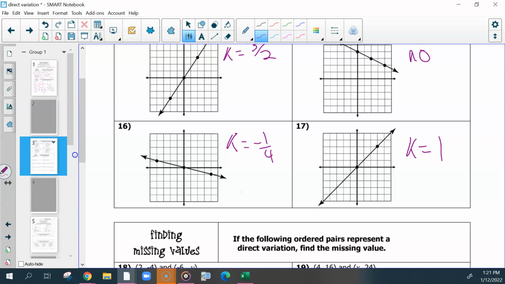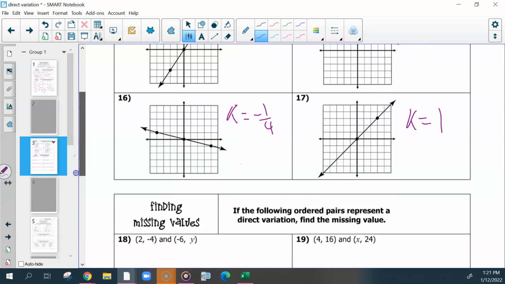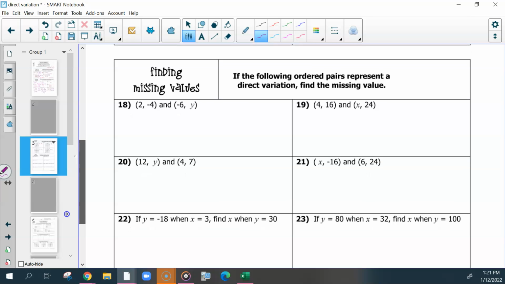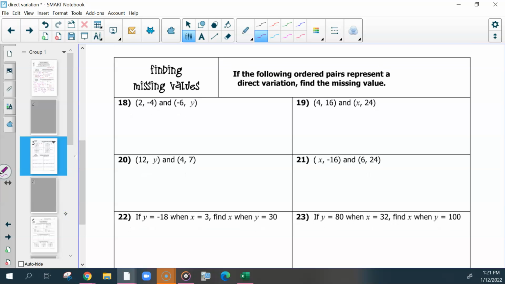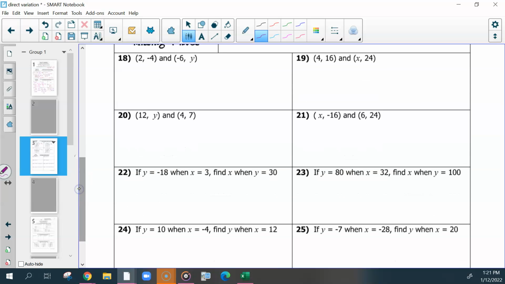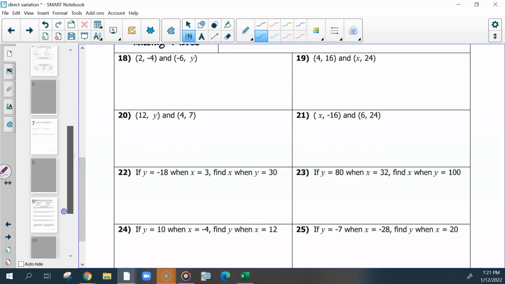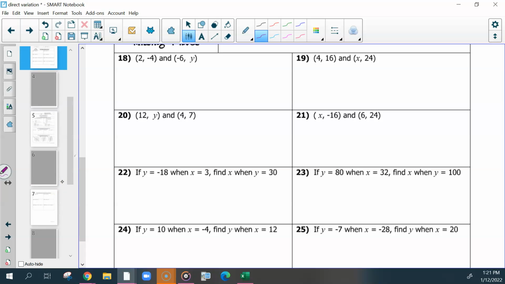Right? The next part is really finding some missing values. So we're going to do 4 of these and then move on to some applications. So with some of these, like the ones in ordered pairs, we could do these a couple different ways.